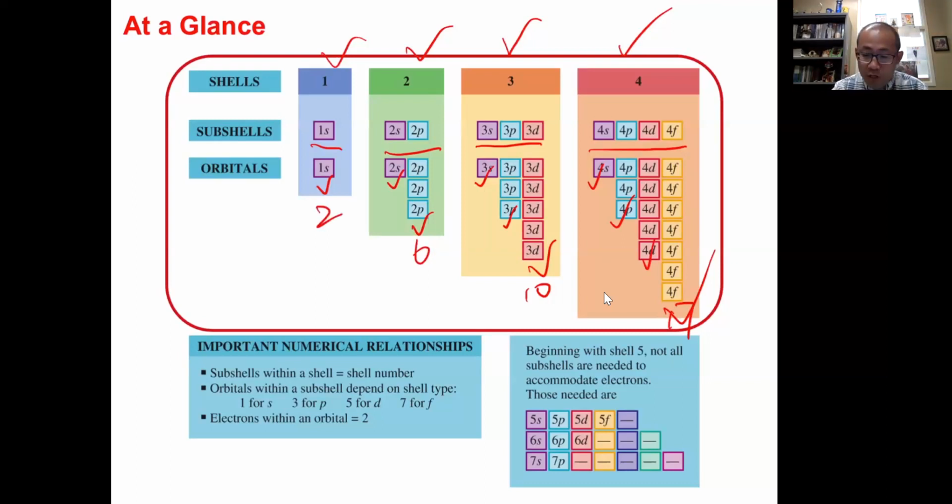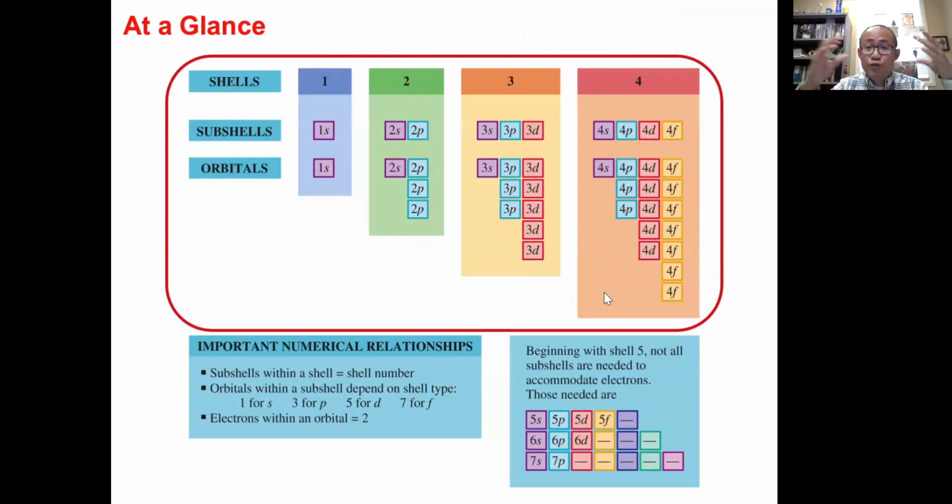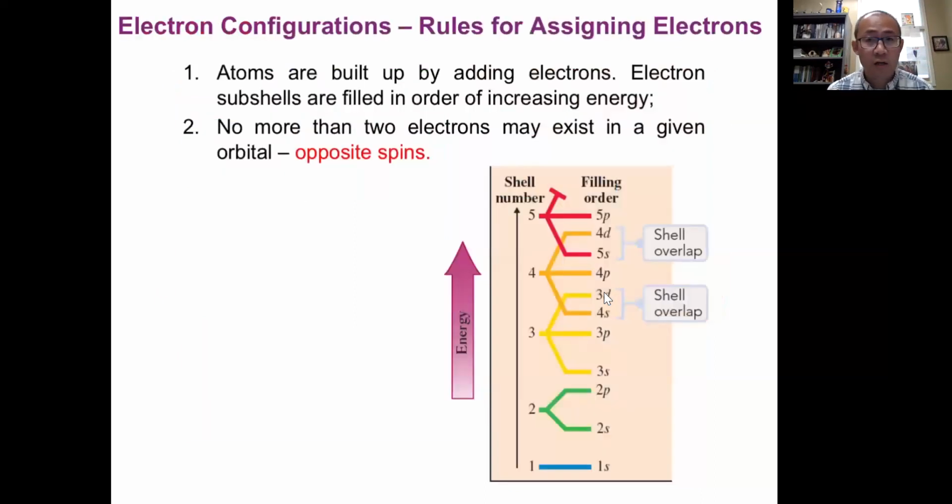Again, no matter which picture you prefer, make sure you understand shell, subshell, orbitals, because we're going to fill electrons in these orbitals now. That filling process is called electron configuration.